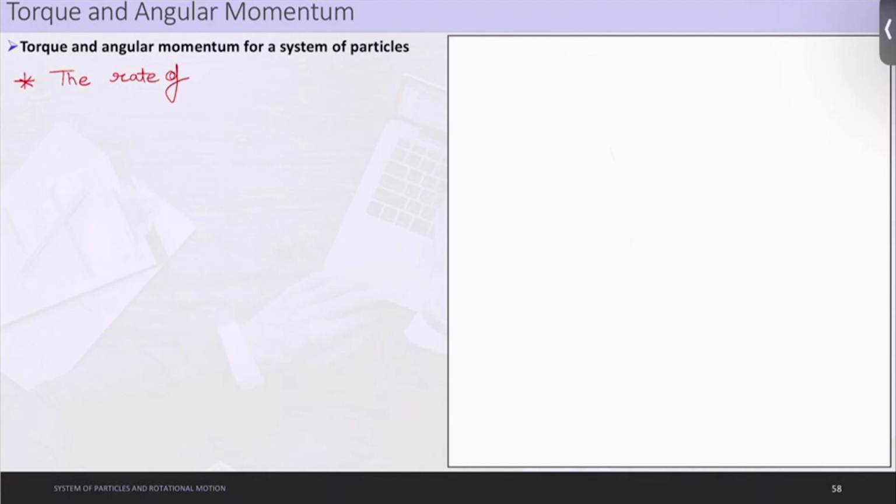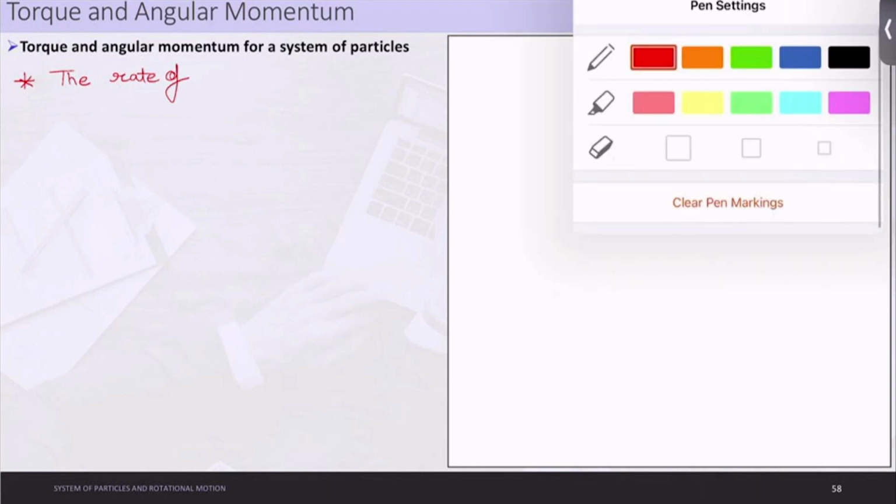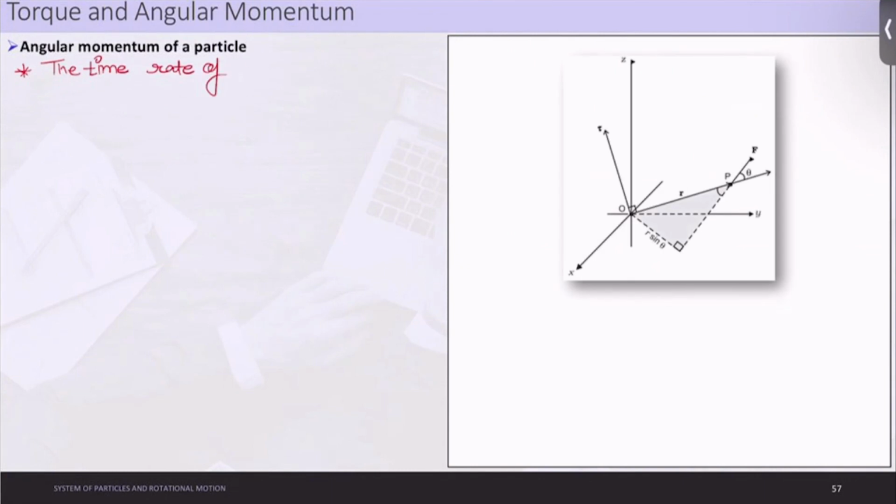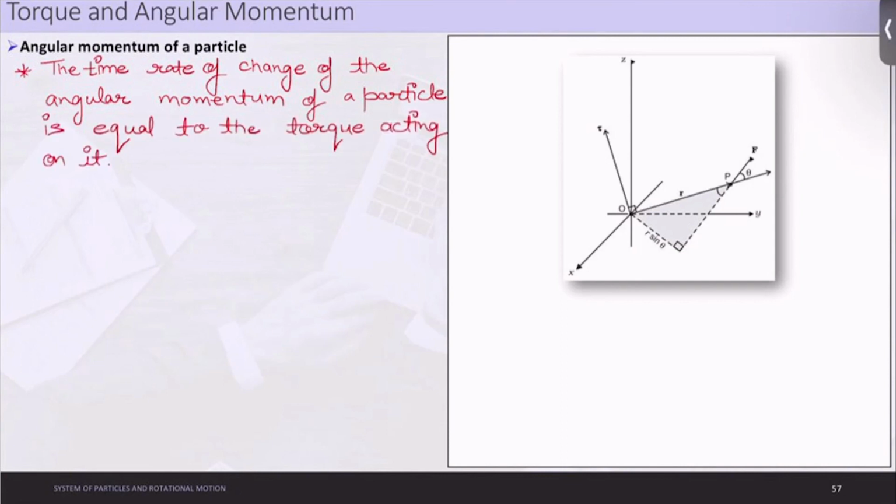The time rate of change of the angular momentum of a particle is equal to the torque acting on it. Right, so this is nothing but rotational analog.